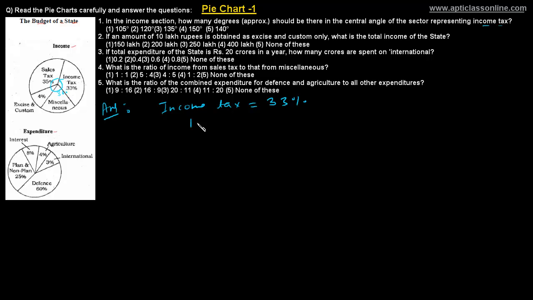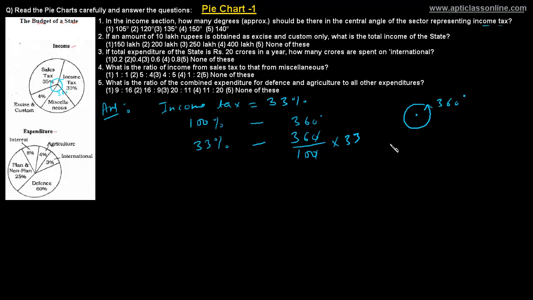So we know that 100% total income corresponds to 360 degree, because 360 degree is the total angle around any point. Okay, then 33% is equivalent to how much? So 33% will be equal to 360 by 100 into 33.